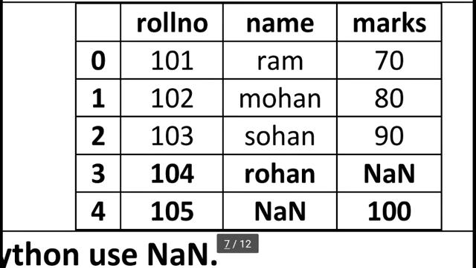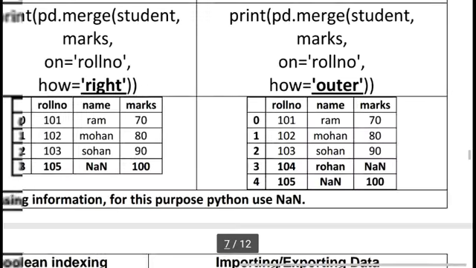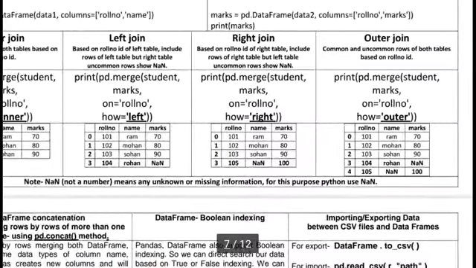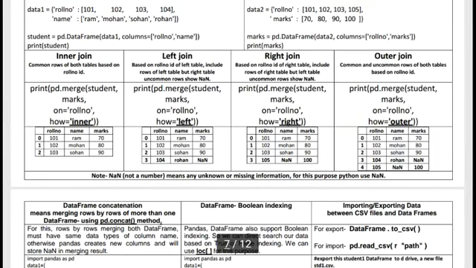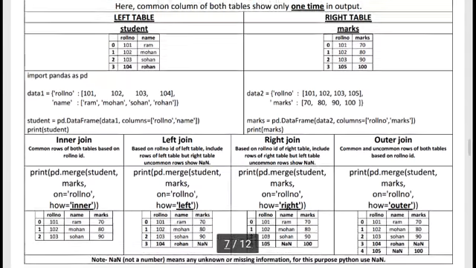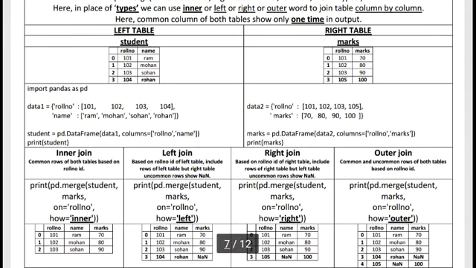It shows NaN. So you can see we have four types of joining: inner join, left join, right join, outer join. So we can join two or more data frames column by column and create one table based on a particular ID.